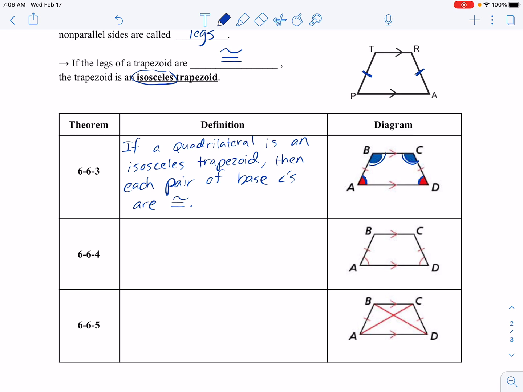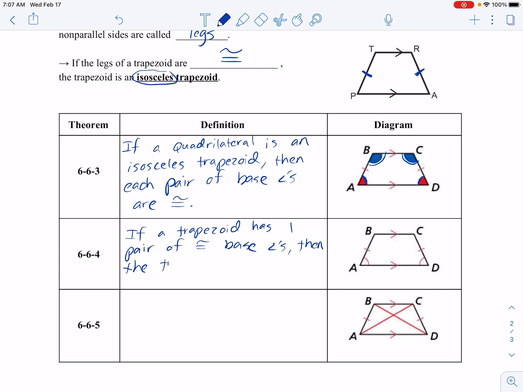Second property involves the base angles again. So if a trapezoid has one pair of congruent base angles, then the trapezoid is isosceles.